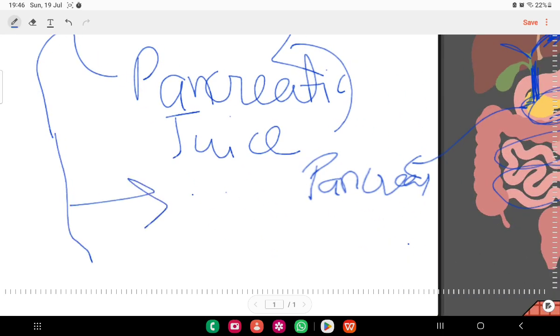It is also the first gland in our body to be both endocrine and exocrine. Now you may wonder what the actual heck are you talking about? What is endocrine? What is exocrine? Endocrine means those glands that secrete hormones. I don't know if you have heard anything about hormones in class 7th.